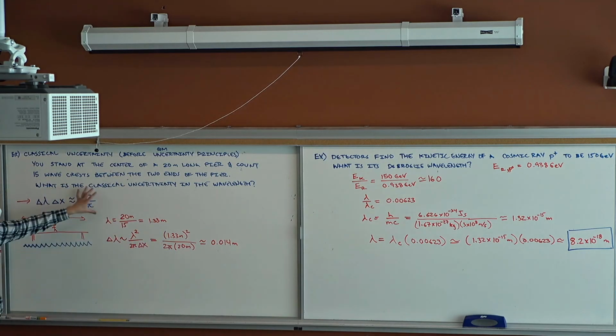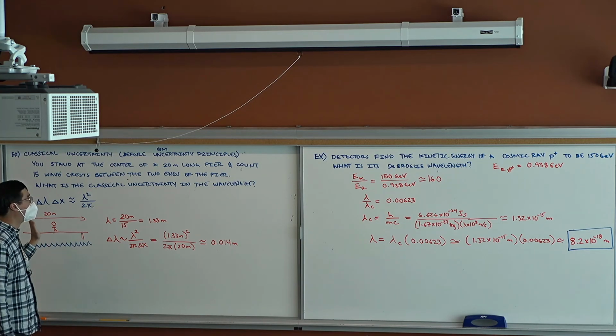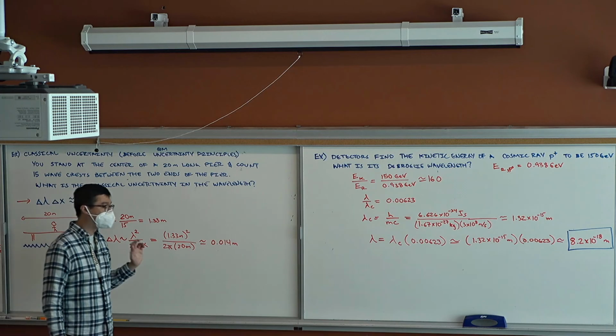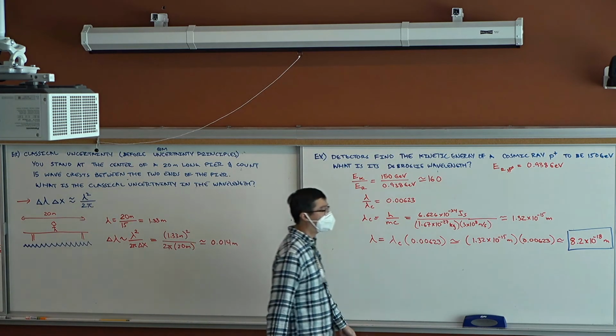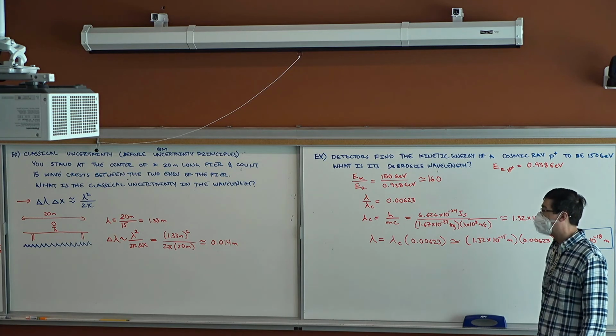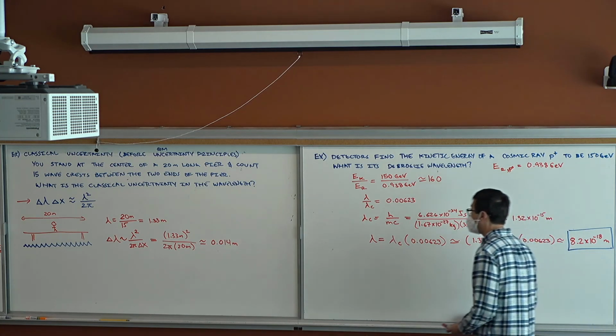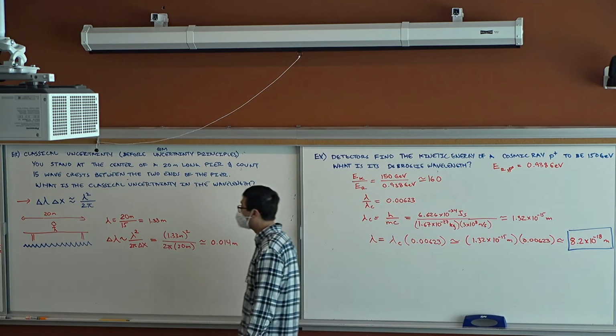We're going to start with something very similar to this idea, and we're just going to broaden it to give the very, very famous uncertainty equations. You can write them in terms of delta p and delta x. So that will be coming up shortly.